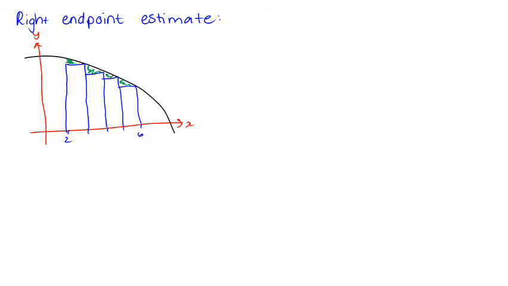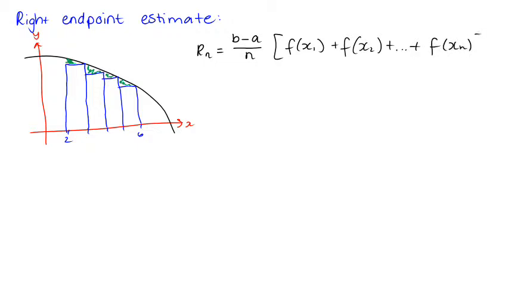Okay, so the formula for this one is Rn, R being right endpoint, equals B minus A over N, times f of x1 this time. So before we started with x0, now we start with x1, plus f of x2, up to f of xn.